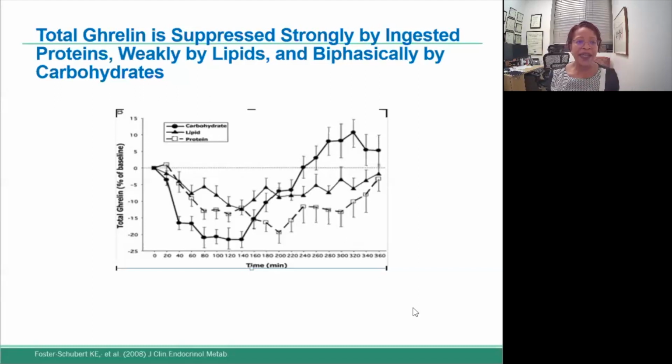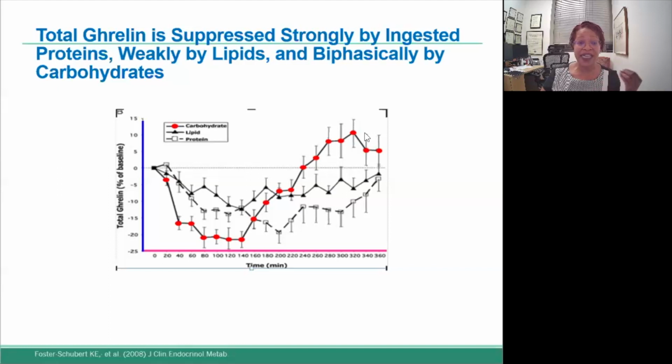What we do know is one way in terms of dietary adjustment that could be helpful is a study that looked at ghrelin levels over time after eating a meal. And what it found was after patients were just given all carbohydrates, the ghrelin level went down pretty significantly, but then it comes back up and it overshoots the baseline, right?